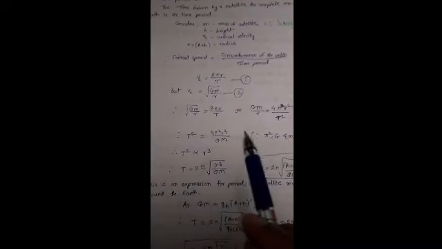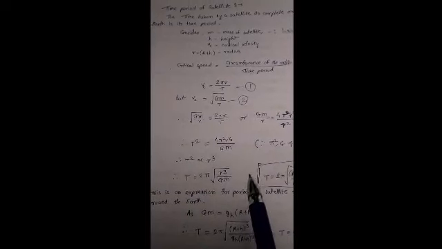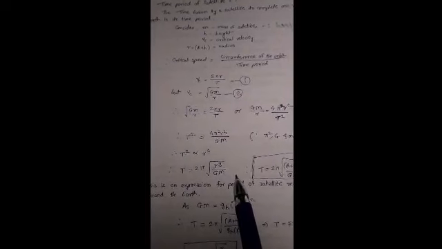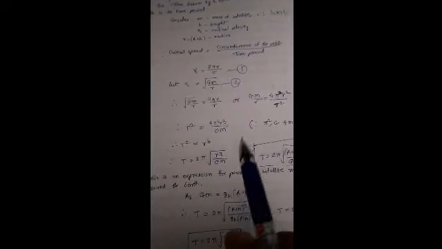This is an expression for the period of a satellite revolving in a circular orbit around the Earth, and it depends only on R, g and M. So the period of the satellite does not depend on its own mass; it depends on the mass of the Earth, the radius of the Earth, and the height of the satellite.